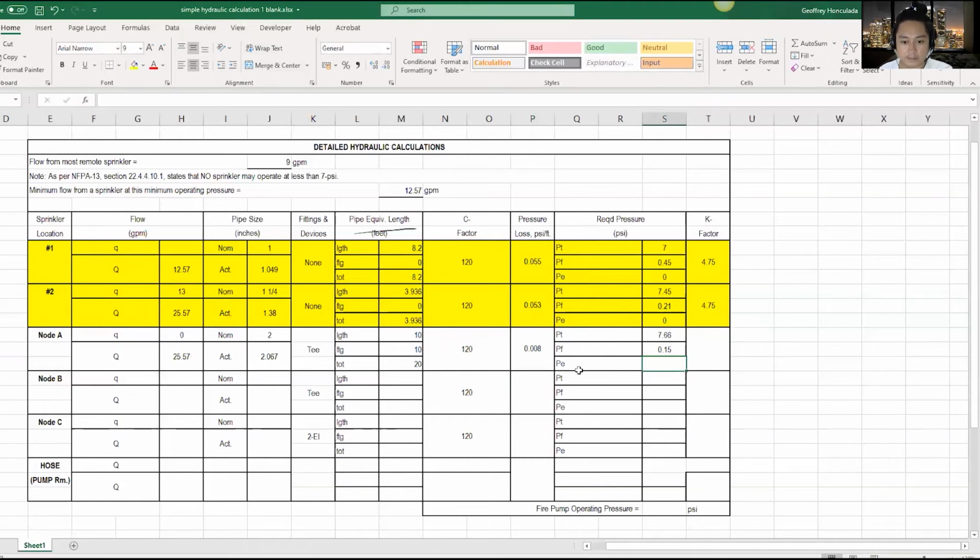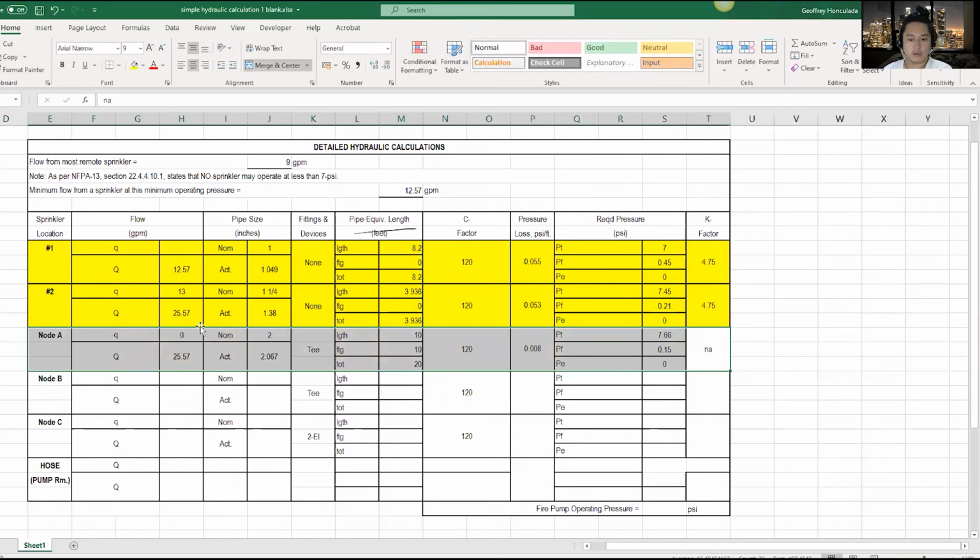We've got 0 pressure required due to elevation, because that's the reference point, or crossmain. This one here is not applicable because there is no sprinkler. This is only for sprinklers, so technically, we're done with this part.